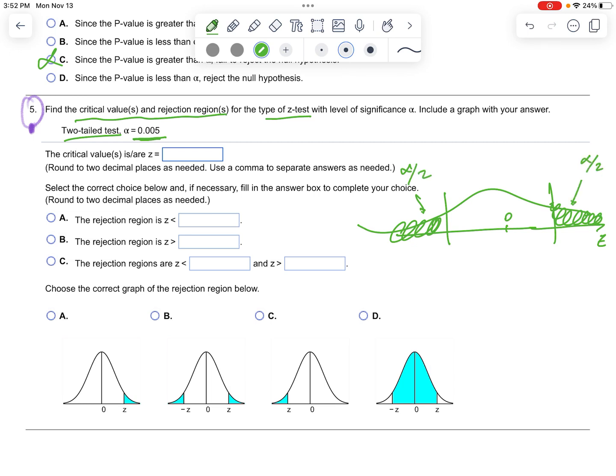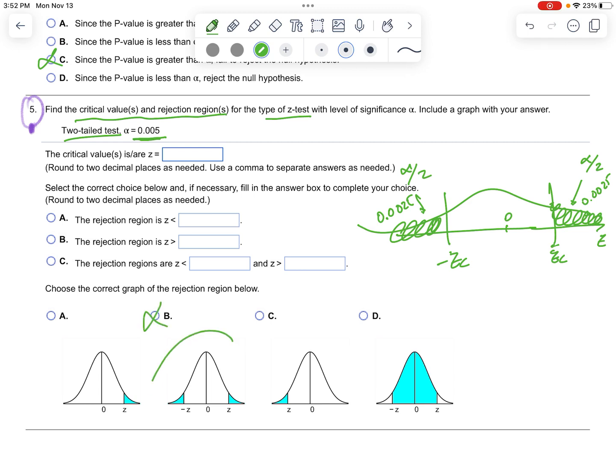So 0.005 divided by 2. So each area here is 0.0025, 0.0025. This is how it is. So these are your critical values. Excuse my language. It's not z-stat, but critical values. So negative zc, positive zc. Okay? So your rejection regions are two regions.